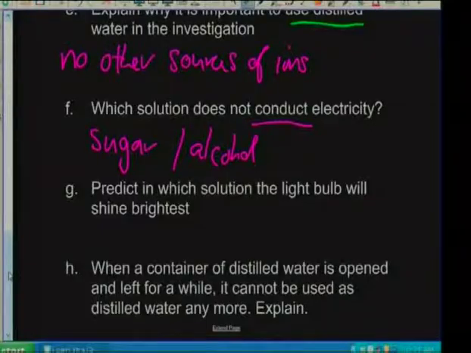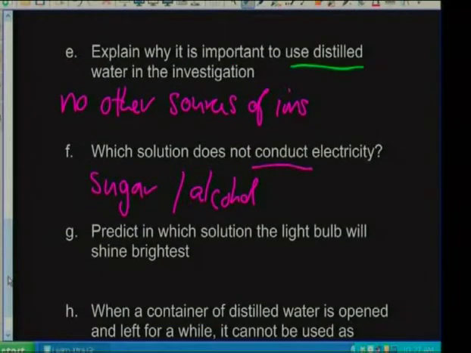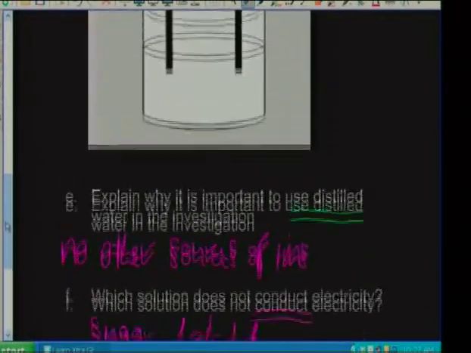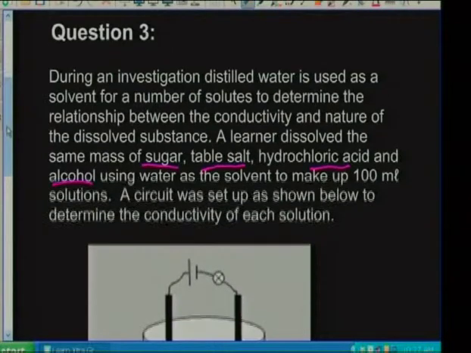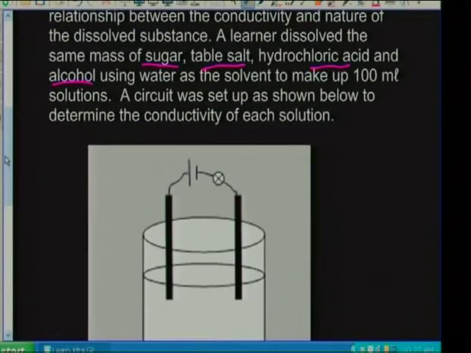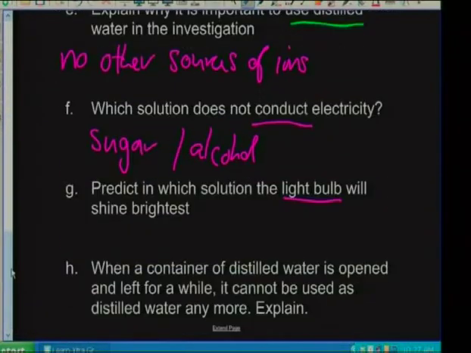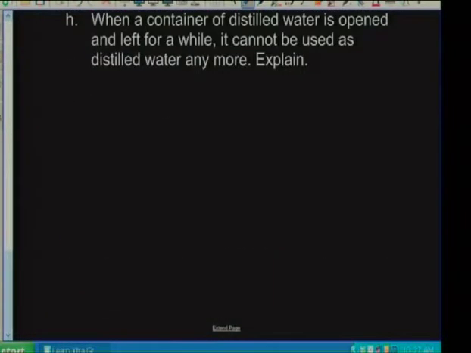If you gave either of those answers, I'm sure you would get those right, because those are molecules, as we've explained previously. Now, the next one says, predict in which solution the light bulb will shine brightest. We want to answer our investigative question. And so here we've got a situation. We've got table salt and we've got hydrochloric acid. Now, between those, they will form ions. So I just want to take a note of something here. We've got hydrochloric acid and we've got some table salt.